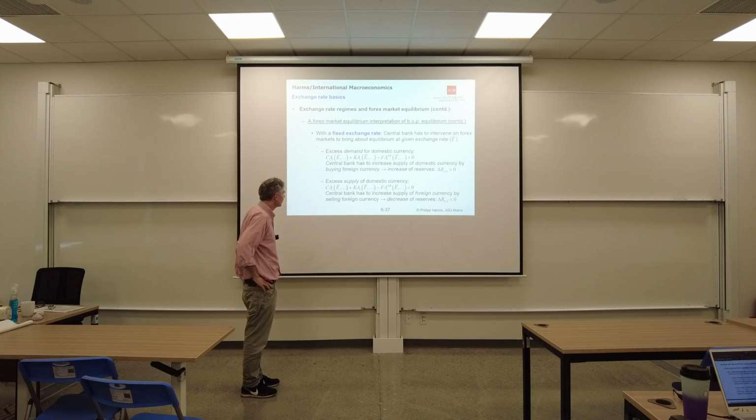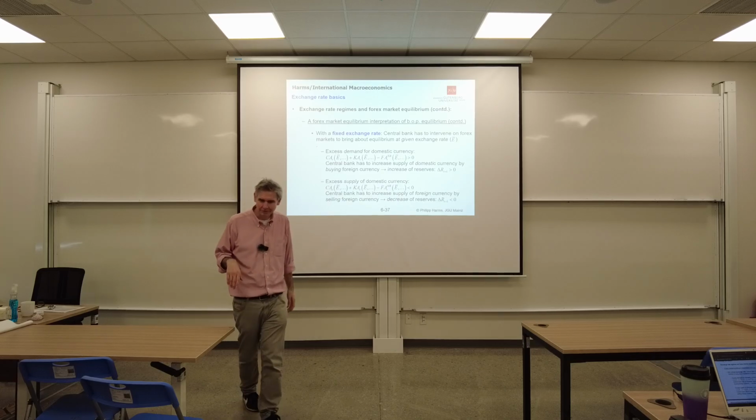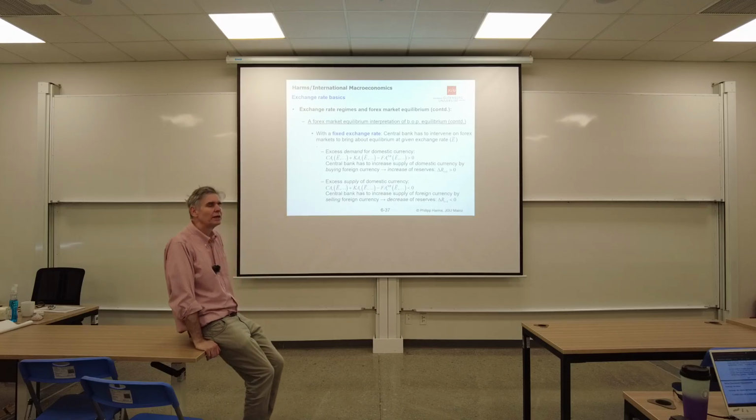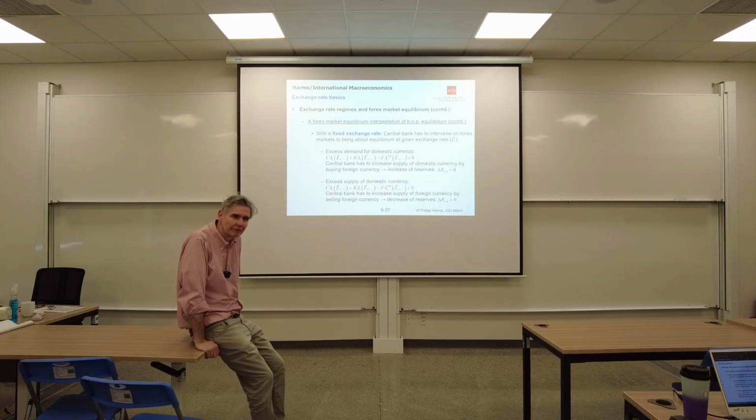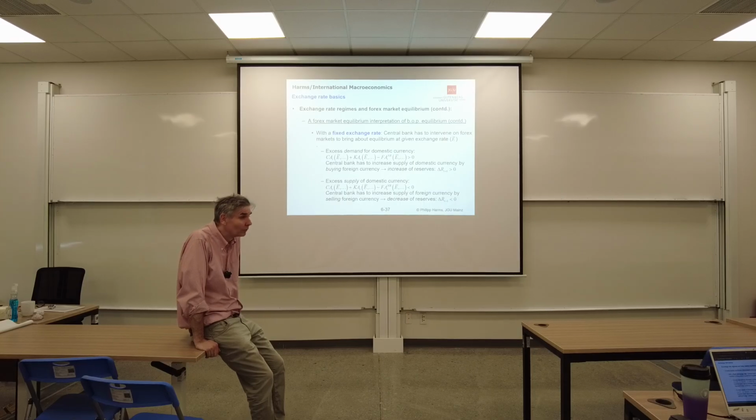Here an excess supply of domestic currency. So just to follow up on that, the problem is, of course, would we expect China to sell off that stuff in 2 weeks? No. Why?